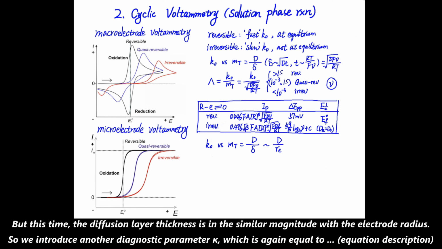So we introduce another diagnostic parameter, kappa, which is again equal to k0 divided by mt, which is further r_e k0 divided by D. Similarly, empirically, when kappa is bigger than 10, the system is deemed reversible, if it's between 10 to the power of minus 2 beta and 10, it is quasi-reversible, and if it's smaller than 10 to the power of minus 2 beta, then it is irreversible.